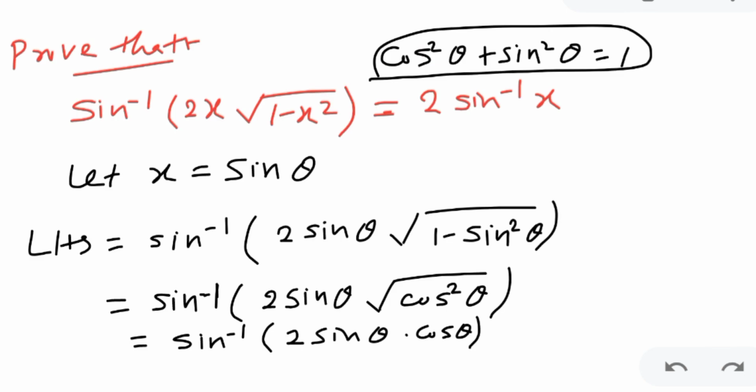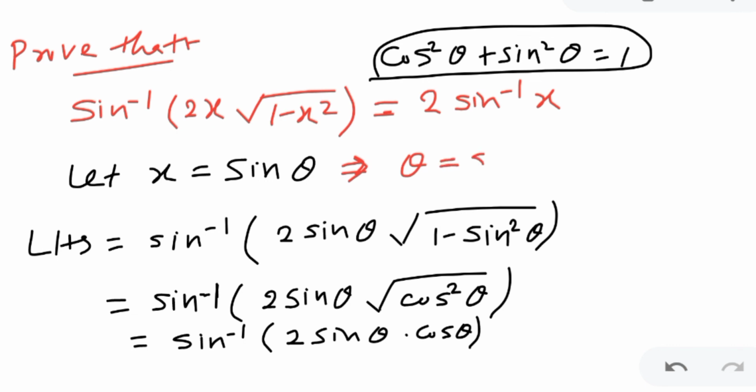So this is our LHS. LHS is 2 theta, and since x is equal to sine theta, theta I will bring to this side, x I will bring to that side, so sine will become sine inverse.